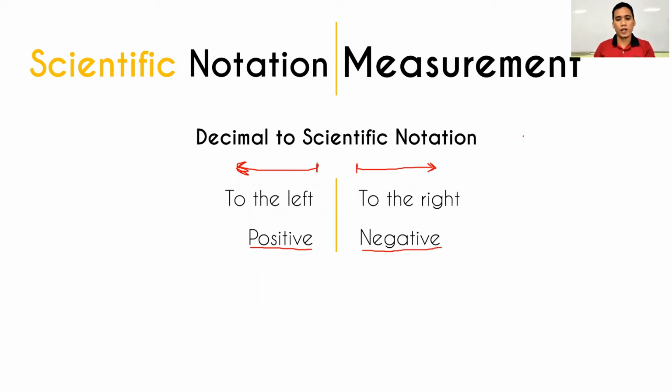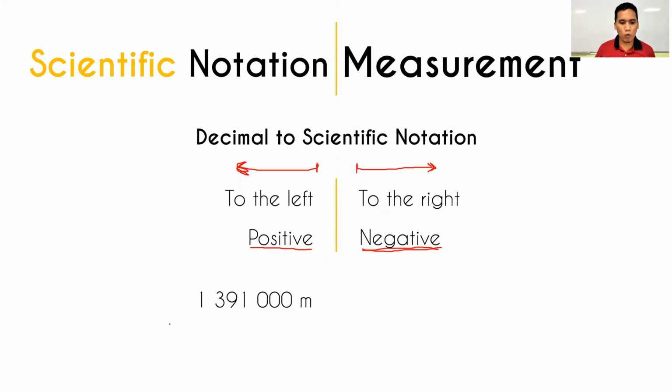Okay, remember, if the movement of your decimal point is from right to left, then the exponent is positive. If the movement of your decimal point is from left to right, then the exponent of your scientific notation is negative. Okay, so let's have an example.